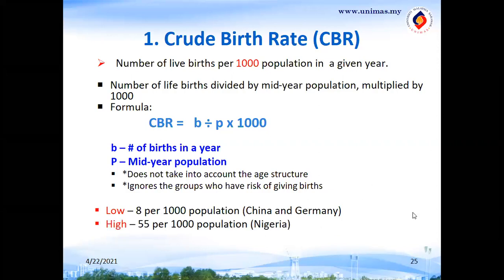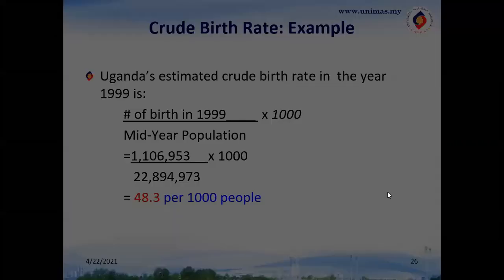And countries we've seen early on in Africa, for example Nigeria, have about 55 births per 1,000 population. Okay, so that is the first method. The crude birth rate is the one that's commonly used to compare the rate of birth between countries of the world.